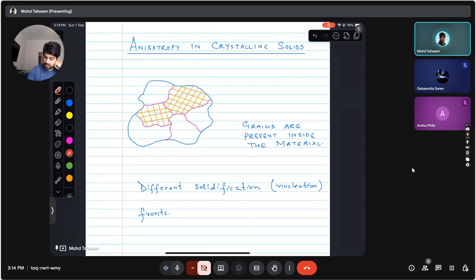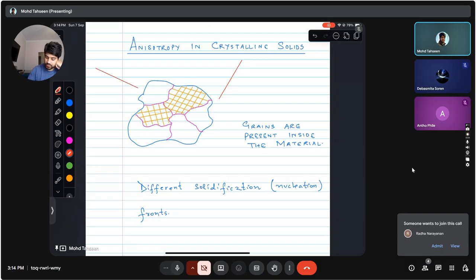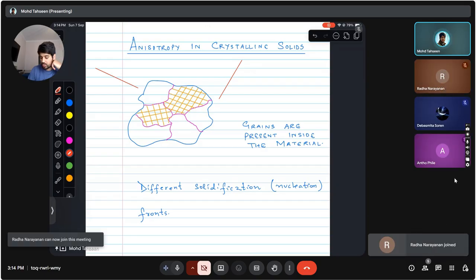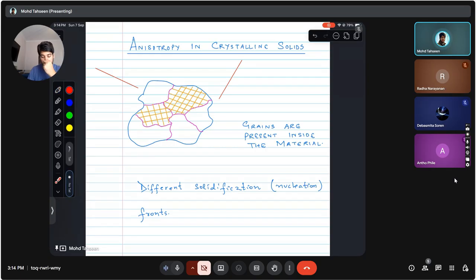Let me draw the directions: this direction, and then this direction. If I measure the properties along these directions, what do I expect? I know for this orientation how the results would look, but what about this?